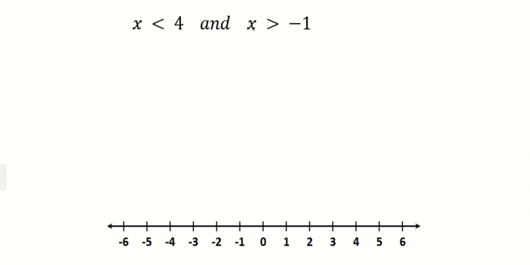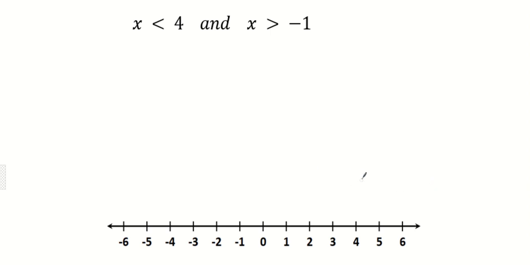So this is a compound inequality. We got this inequality, we got this other inequality, and they're joined by the word and. So if a number has to be less than 4 and greater than -1, what does that mean? Maybe I'll do a little bit of a gray color here.